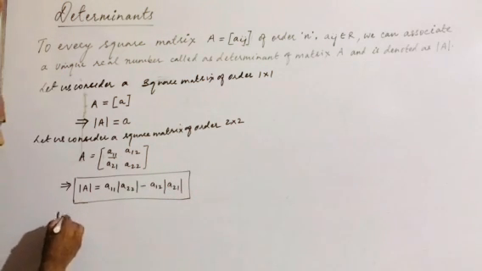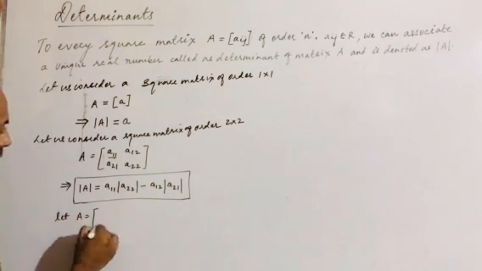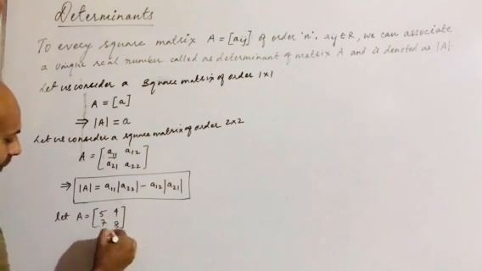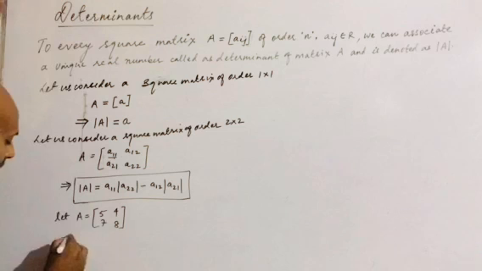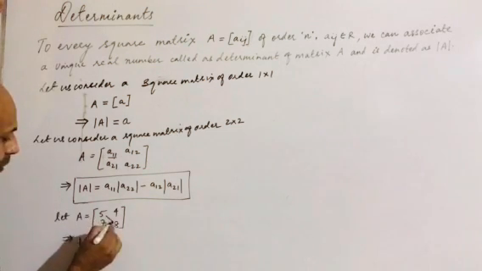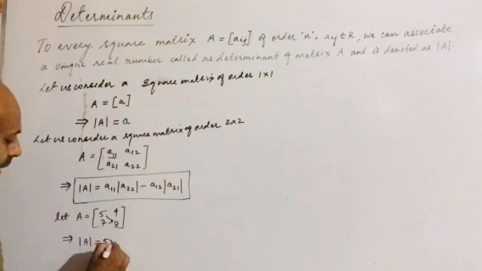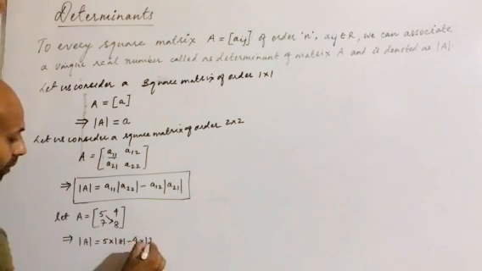Take the example here, A is equal to 5, 4, 7 and 8. If I have to find the value of the determinant of this matrix, simply I am going to cross multiply. That means 5 into determinant of 8 minus 4 into determinant of 7.